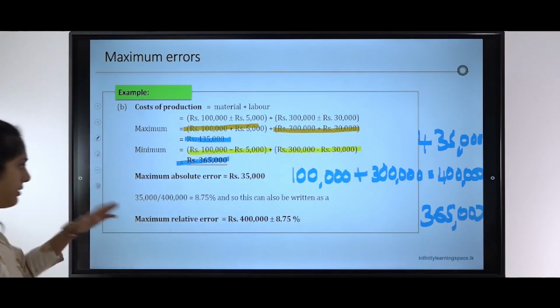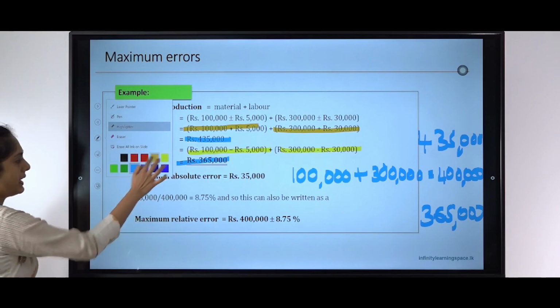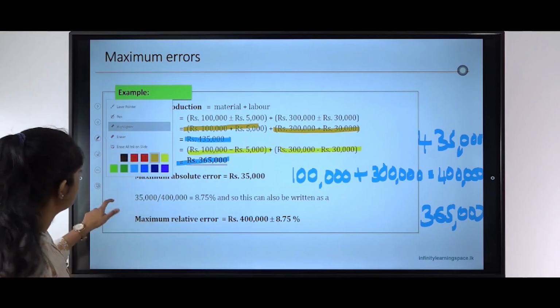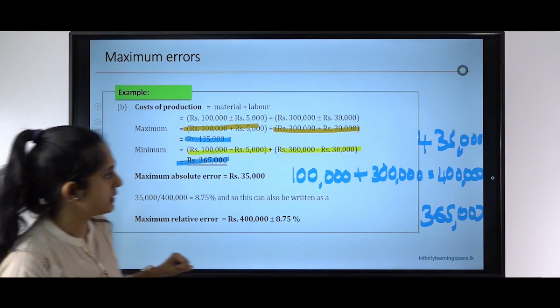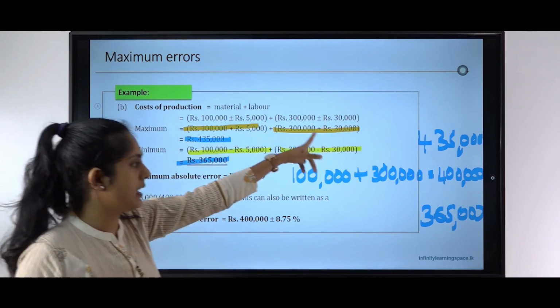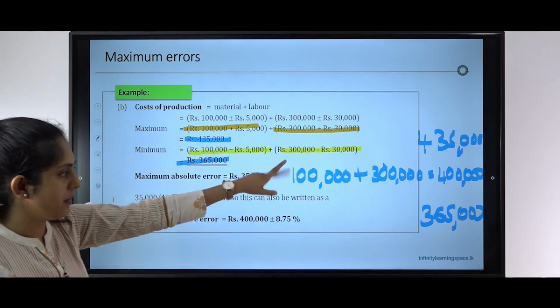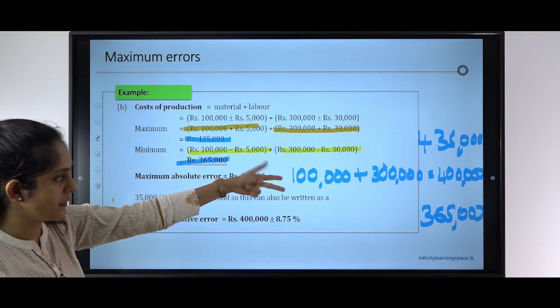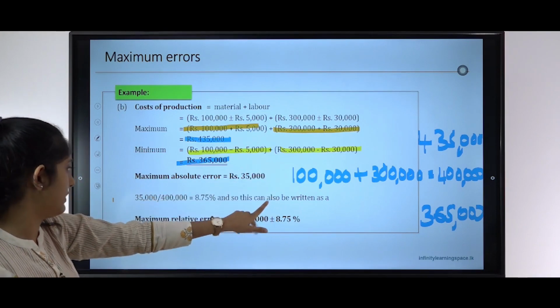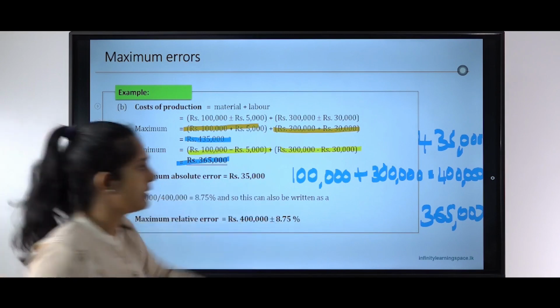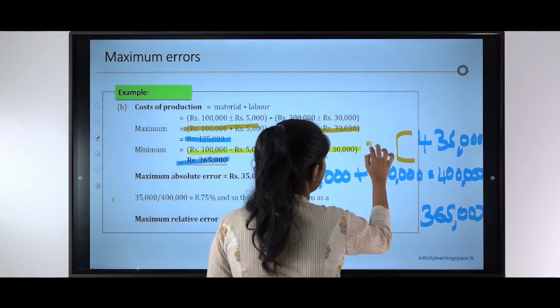Now check the difference. The bigger error is there, it's a plus 35, below also is a 35. So both errors are the same, 35.